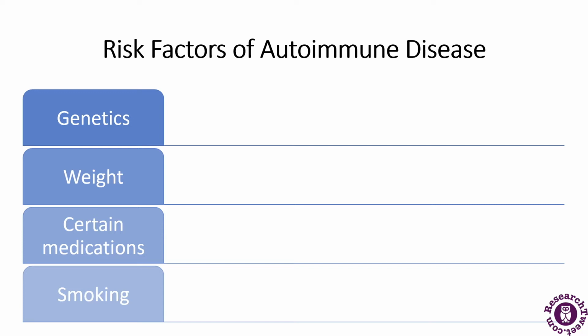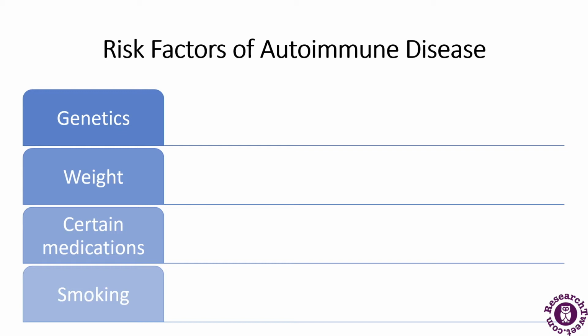Having a relative with an autoimmune disorder increases your risk, but it doesn't mean that you will develop the disease for certain. You are at risk, but it is not guaranteed. So genetics plays a major role in autoimmune diseases.